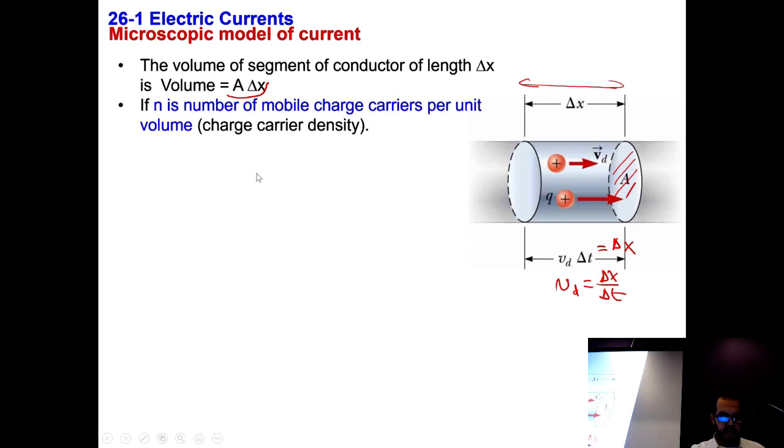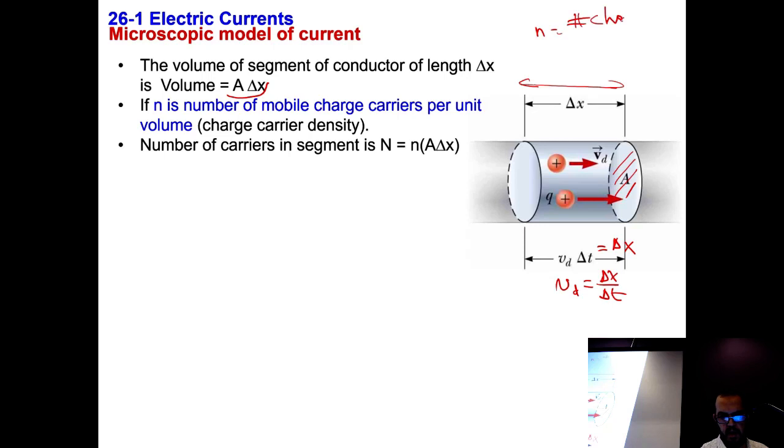Let's assume the number of mobile charge carriers per unit volume is small n. So small n is the number of free charges per unit volume. If we want to determine the total number of free carriers in this volume, we multiply small n, which is charges per unit volume, times the volume.